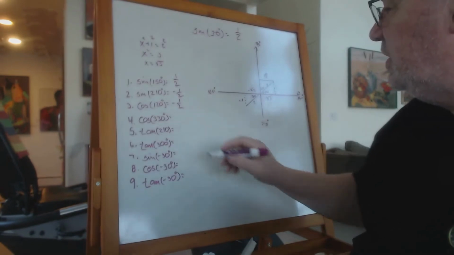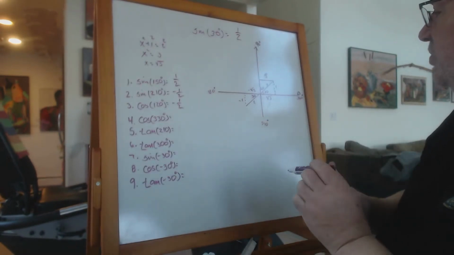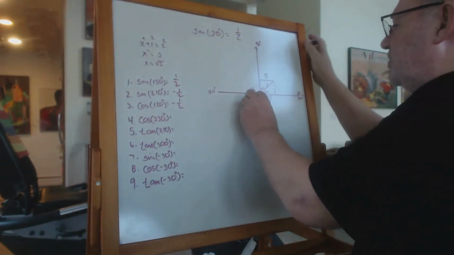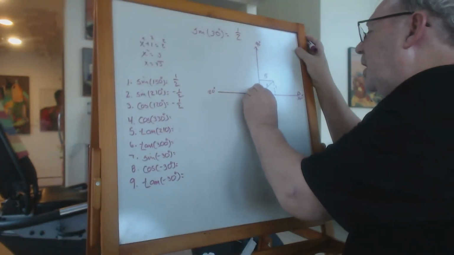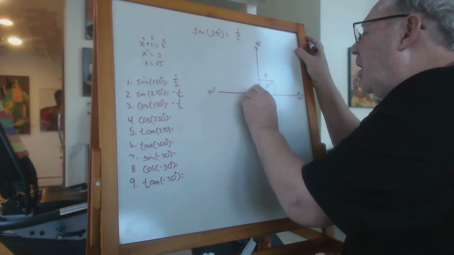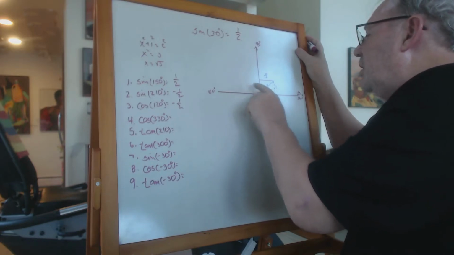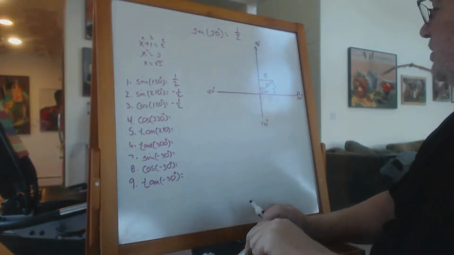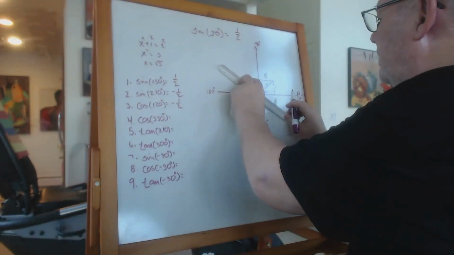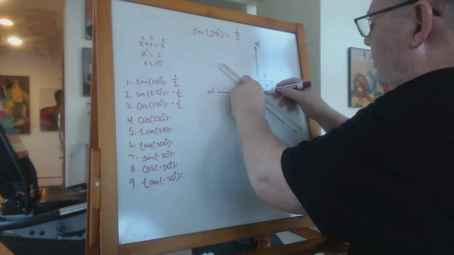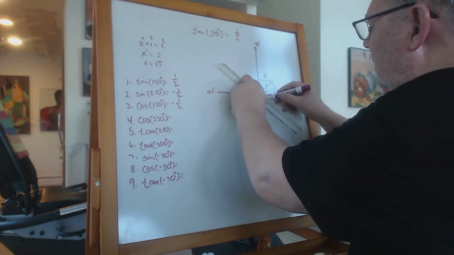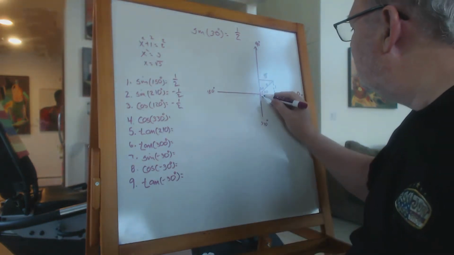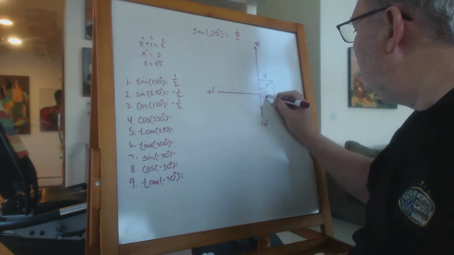Now 330, let's erase this business. Okay, 330 is minus 30. So we just draw that off of this. And so that's minus 30.